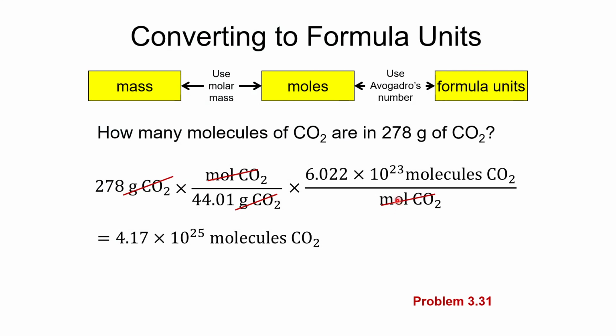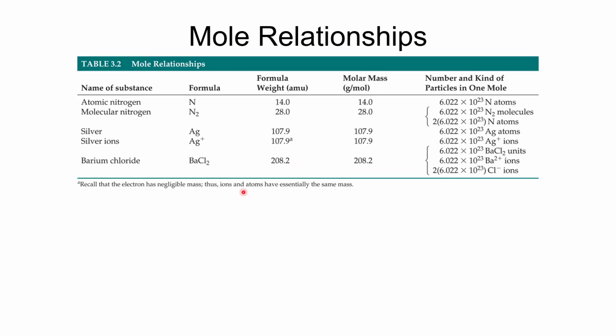There's one more thing I want to do before we end this video, and that is looking at mole relations. So there's going to be times when we're interested in how many moles of an element we have versus how many moles of the elemental molecular substance we have. And so I'll mention this as we move forward.